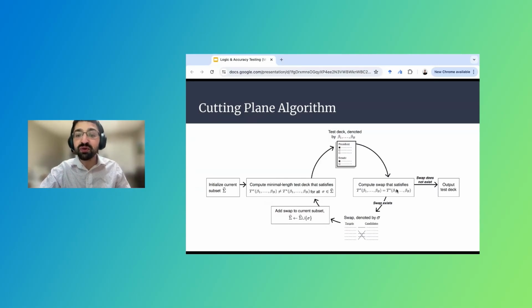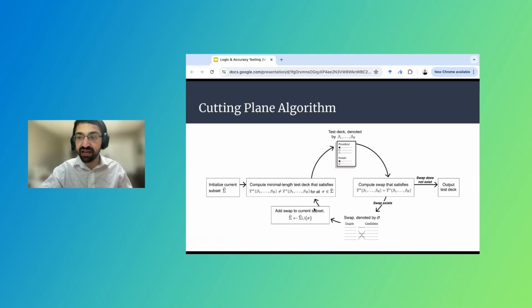So what we do then is we solve an auxiliary optimization problem to find a swap. A swap, by that I just mean an incorrect bijection that would not be detected by our current test deck. So we find at this stage an incorrect bijection that would not be detected by the current test deck, and we then add that new bijection into our running set, sigma hat, and repeat.